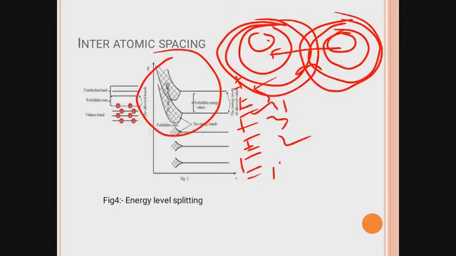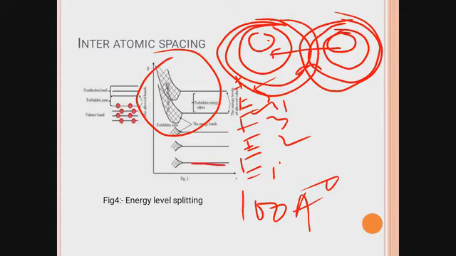Suppose this is 100 angstroms. The interatomic spacing is represented along the x-axis, the distance. When the interatomic spacing is sufficiently large, suppose here in this diagram I am assuming 100 angstrom, you have discrete energy levels.